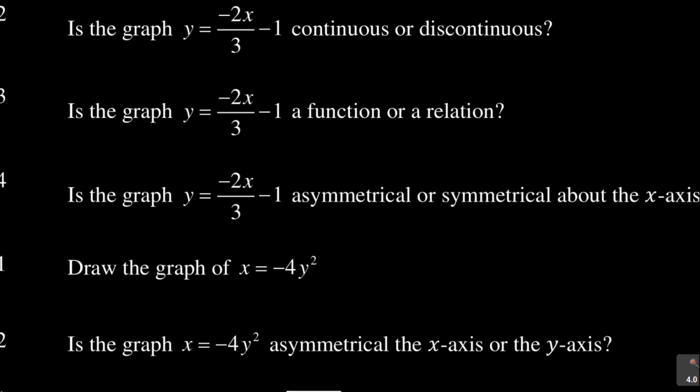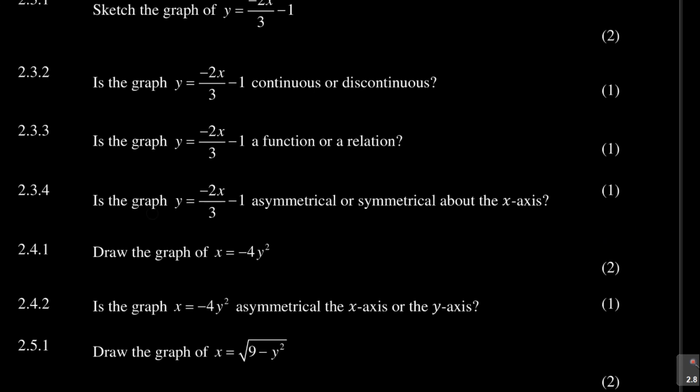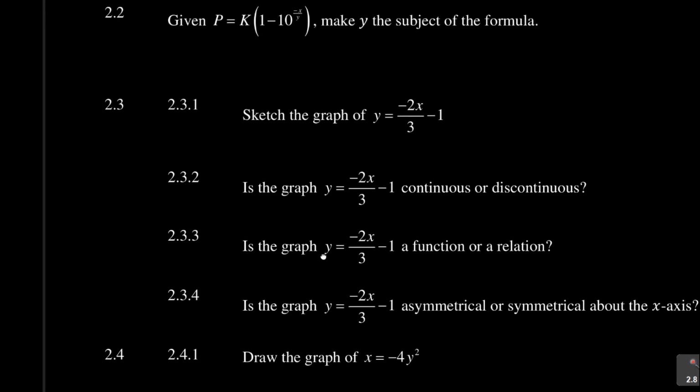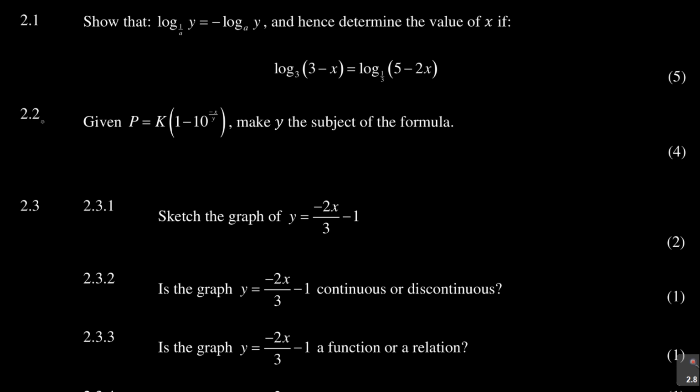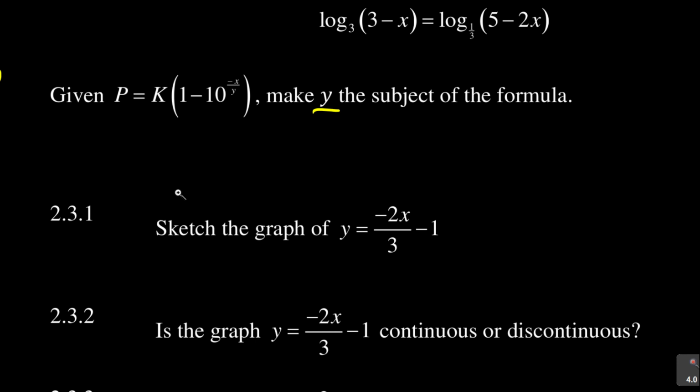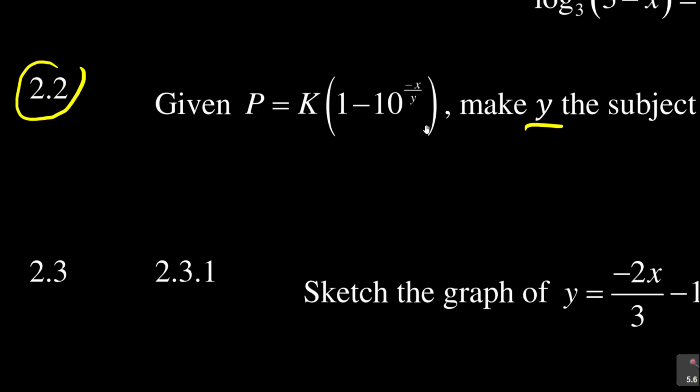Alright, let's look at the next question. The next question is question 2.2. It says, given p is equal to k times (1 minus 10 to the power negative x over y), make y the subject. So let's make that bigger again, just to get an idea what we're dealing with.